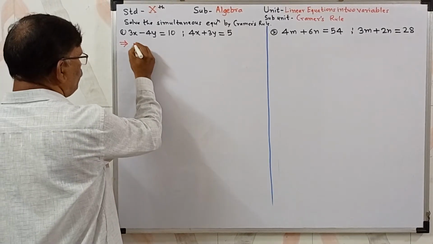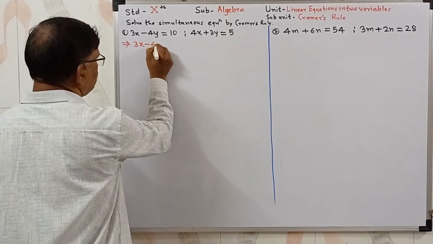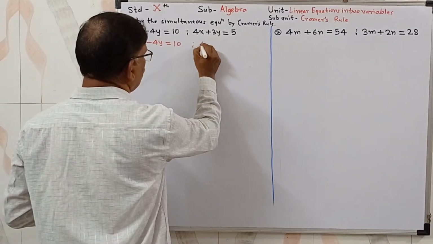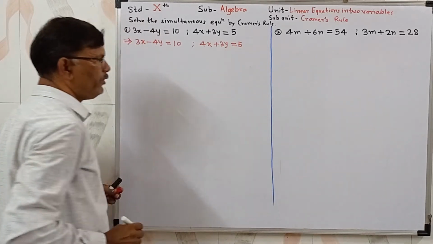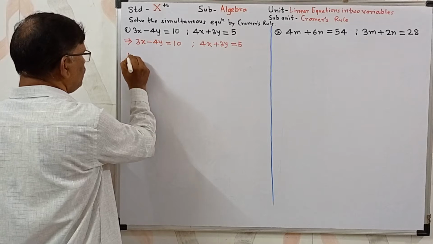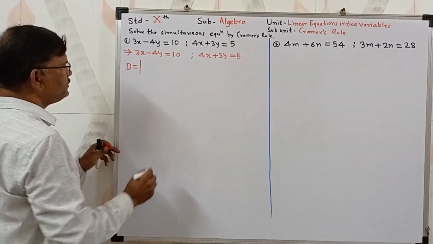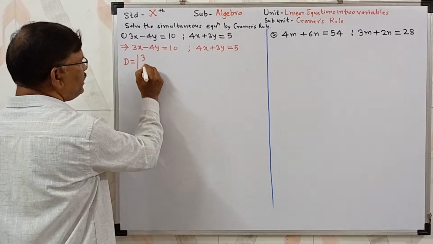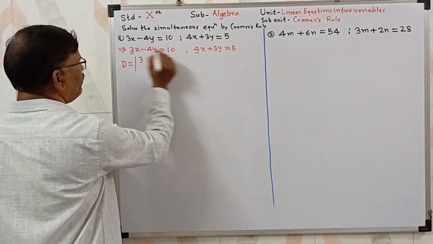First we write down these equations, 3x minus 4y is equal to 10 and 4x plus 3y is equal to 5. So first find out D. D means the determinant with a1 and a2: 3 is a1 and 4 is a2.